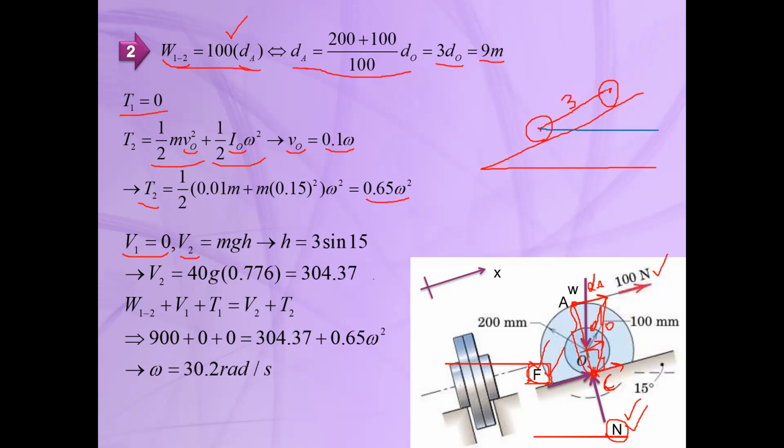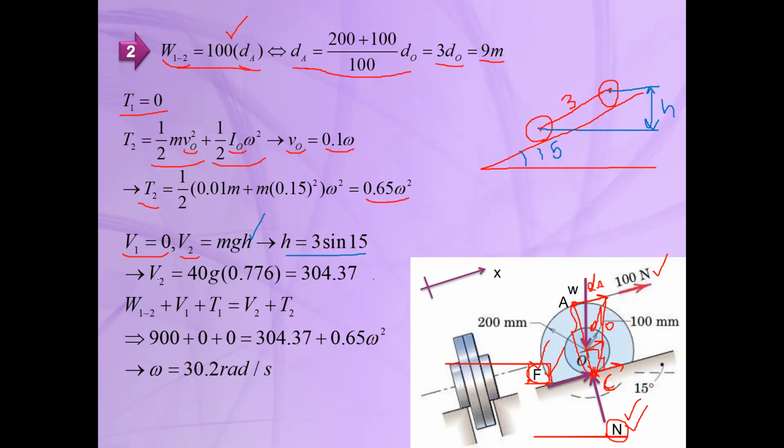So if we want to find h, this is the h, and this h is equal to 3 times sine 15. This angle is 15 degrees. So this is the h in the gravity potential energy.